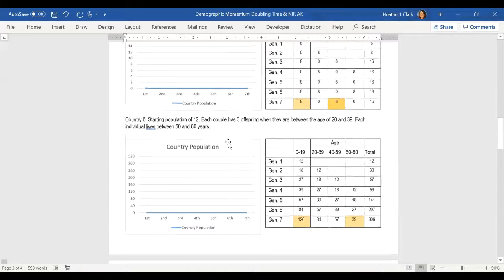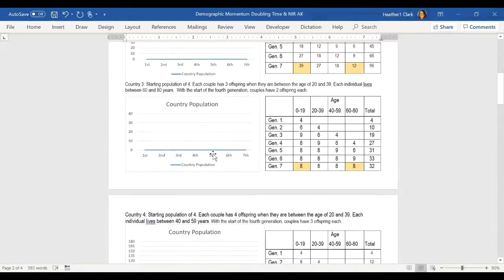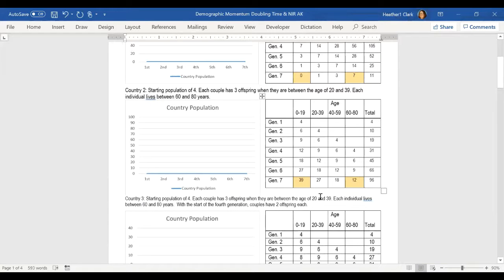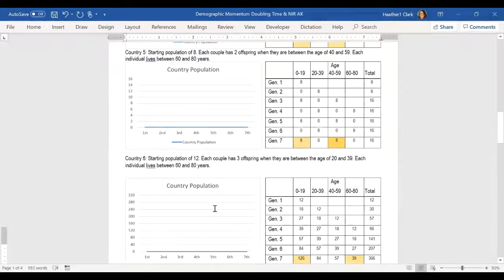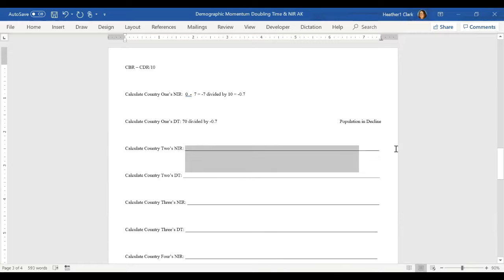Then you're going to go to number 2, which says 39 and 12. So we'll do 39 minus 12 equals 27. Then we divide that by 10, which equals 2.7. So their natural increase rate for country 2 is 2.7.